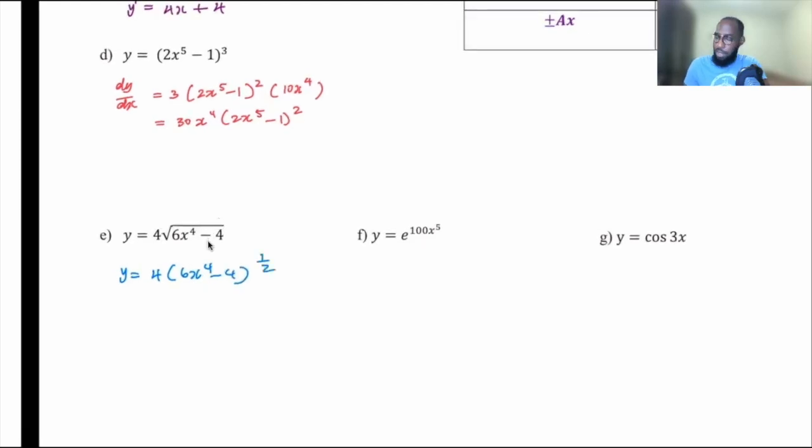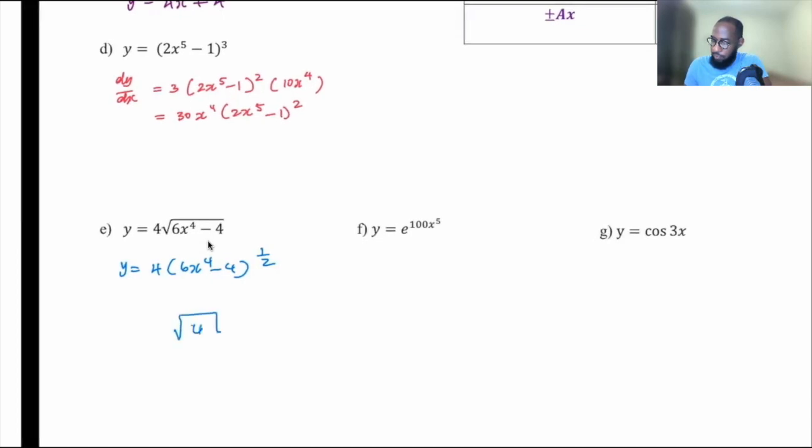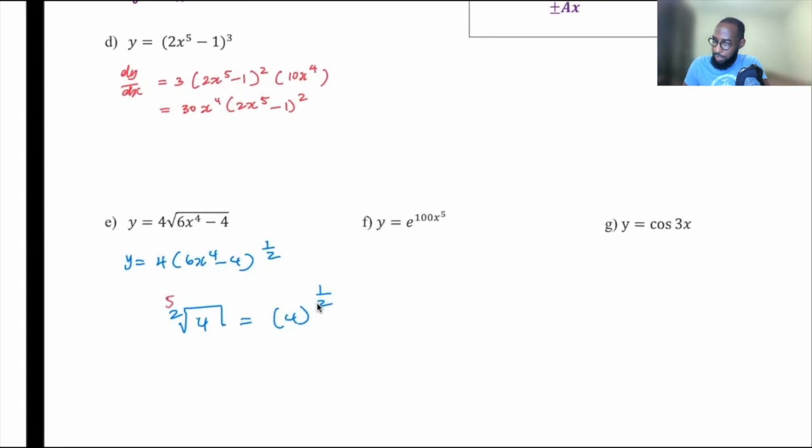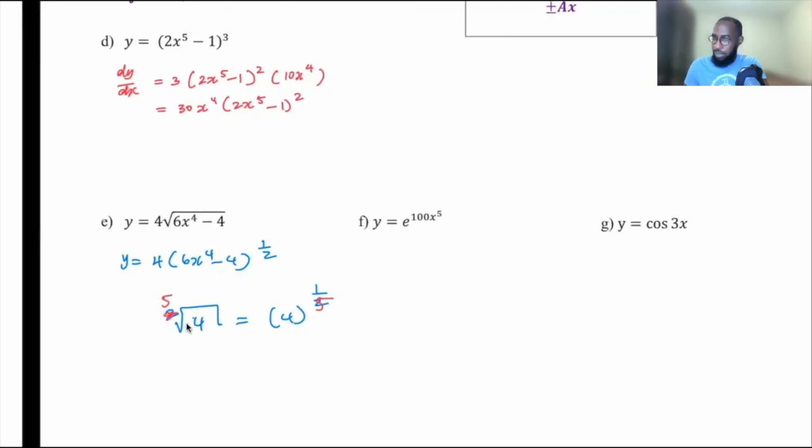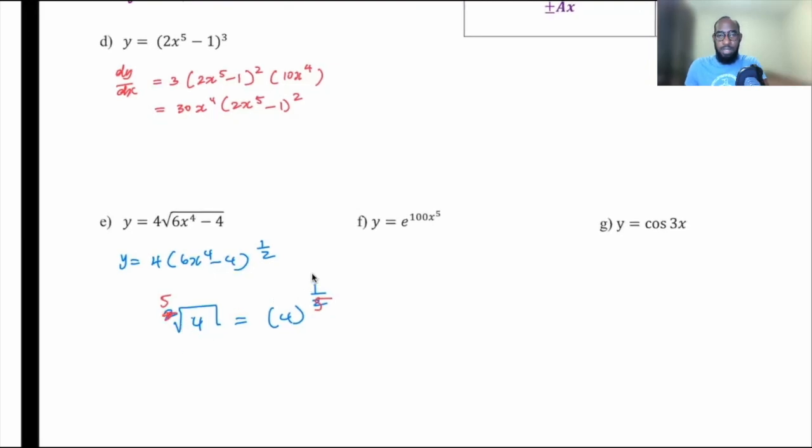The square root of 4, square root simply means you have a 2 here. And this is equal to 4 raised to the power of a half. Now, if you had a 5 here, then you would have a 5 there, right? So if you had the fifth root of 4, then it's 4 raised to the power 1/5.